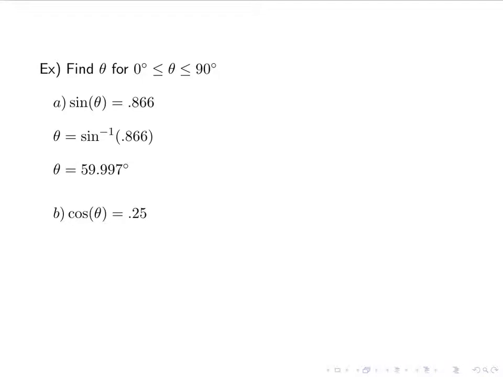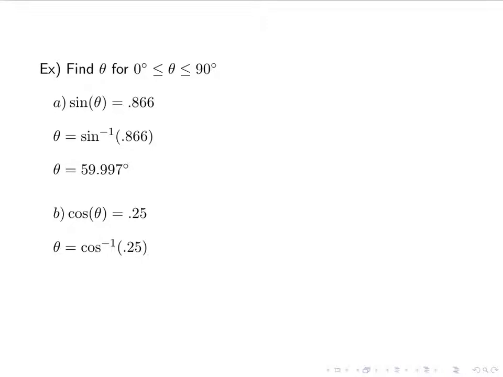Let's try another one. If cosine of theta is 0.25, what is theta? Again, my goal here is to get rid of the cosine and just find theta. So I do that by hitting the inverse function on it. So theta is cosine inverse of 0.25.